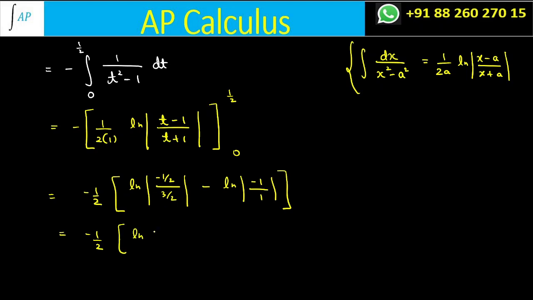Due to the absolute value, it will become simply ln of 1/3. And the other term is ln of absolute value, it will become ln of 1. ln of 1 is 0. So the final answer is minus 1/2 ln of 1/3. If you simplify with the calculator, it will be 0.549. That is going to be the length of the arc for this particular one.